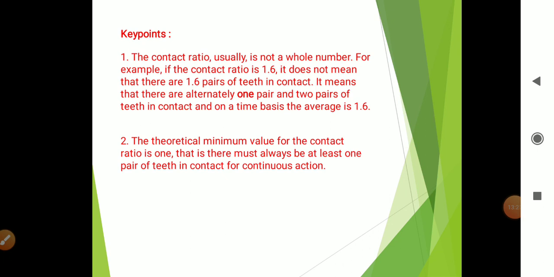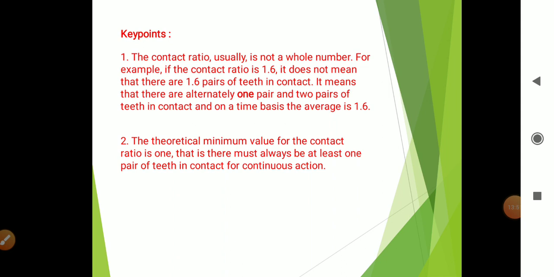For example, if the contact ratio is 1.6, it does not mean that there are 1.6 pairs of teeth in contact. That is not possible, how can we have 0.6 of a tooth? It means that alternately there is 1 pair and 2 pairs of teeth in contact, and on that basis the average is 1.6.